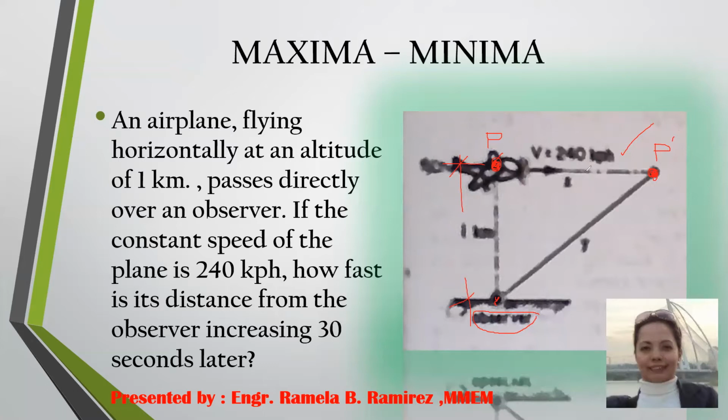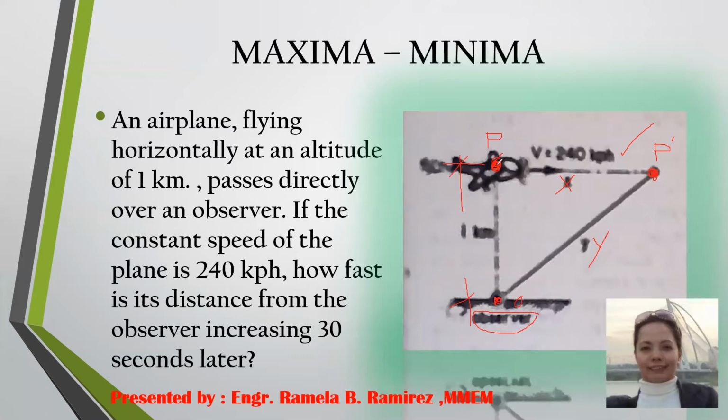The distance from the initial position to the position of the plane after 30 seconds, let us call that x. And the distance from the observer to the plane after 30 seconds, let's call that y. So from P prime up to the location of the observer is y.